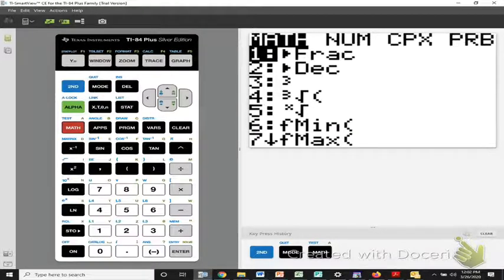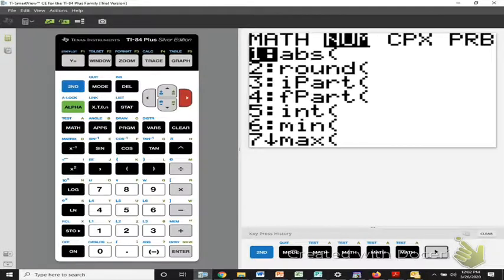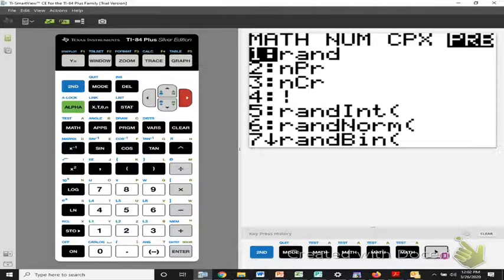We want to go to the math key. If you press the math key, then scroll right to probabilities. Once you get to probabilities, you're going to see combinations and permutations right there, number 2 and 3.